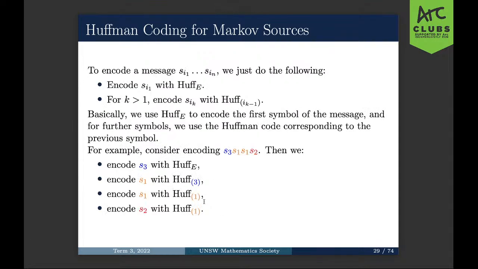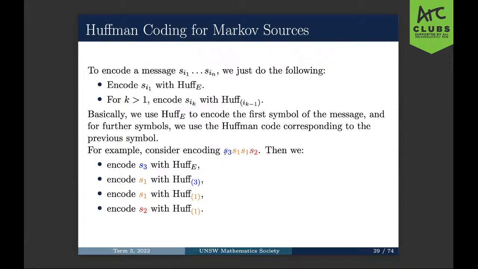To encode a message using these extra Huffman codes, we encode the first symbol of the message with Huff E, and for the rest of the symbols, we encode the symbol based on the Huffman code for the symbol that occurred previously.